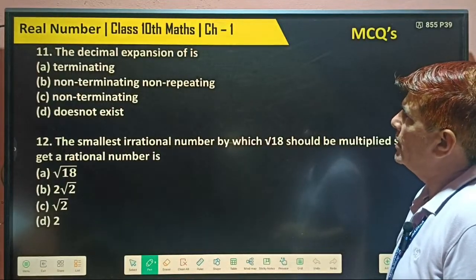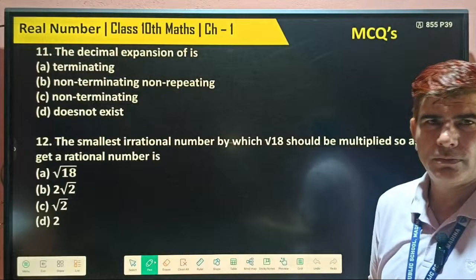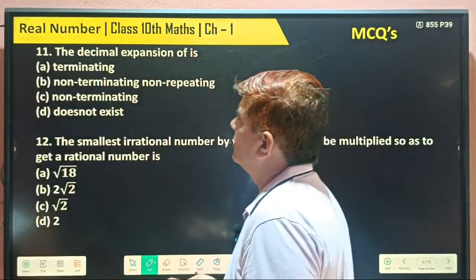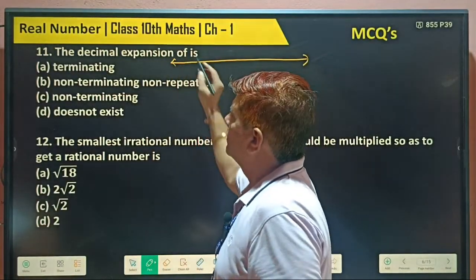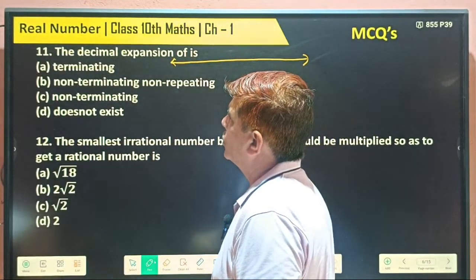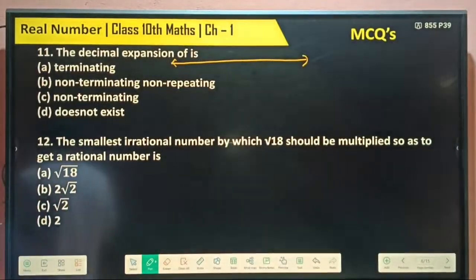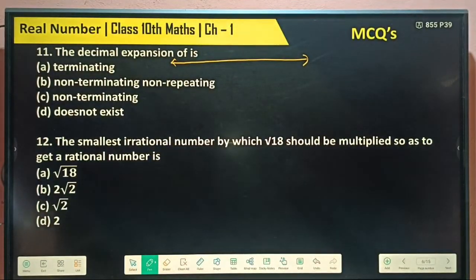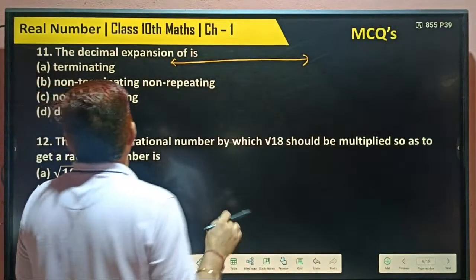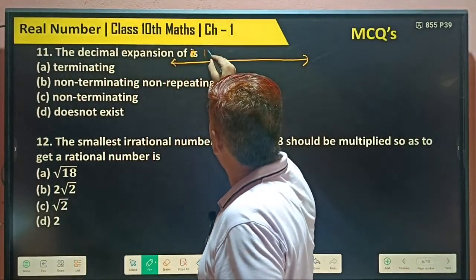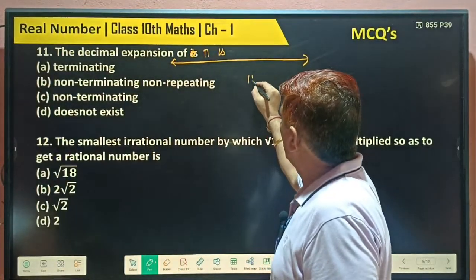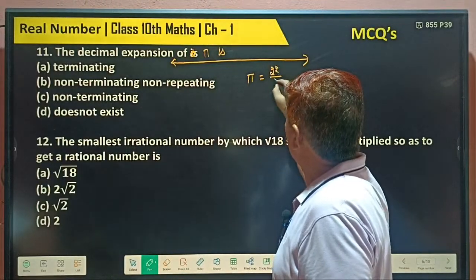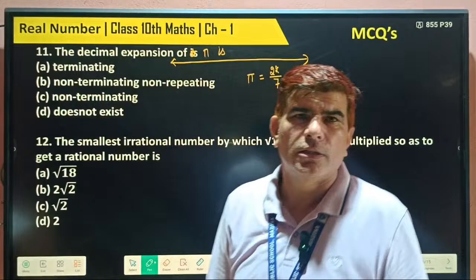Question number 11: the decimal expansion of pi is. Pi we usually take as 22 by 7.